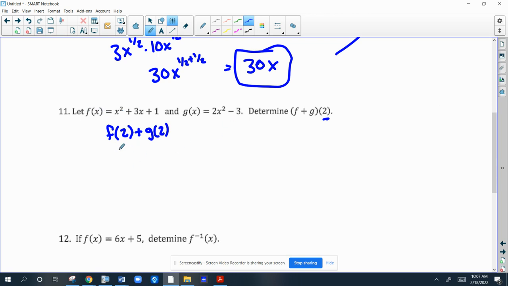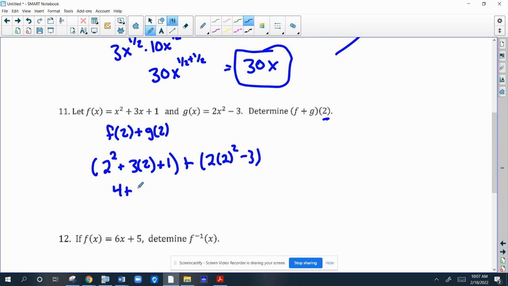Same thing with g. So f(2) is 2 squared plus 3 times 2 plus 1, and then plus g(2) is 2 times 2 squared minus 3. So we're going to carefully multiply all this out.